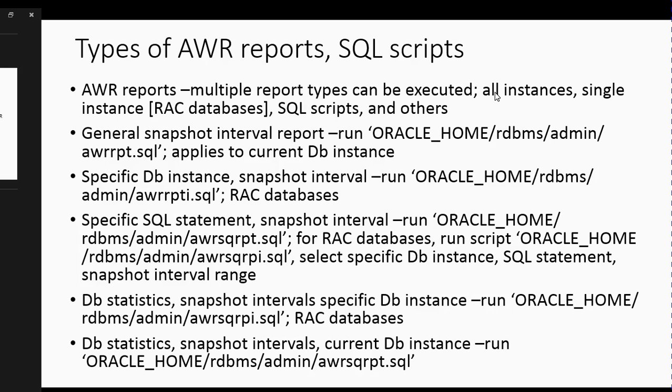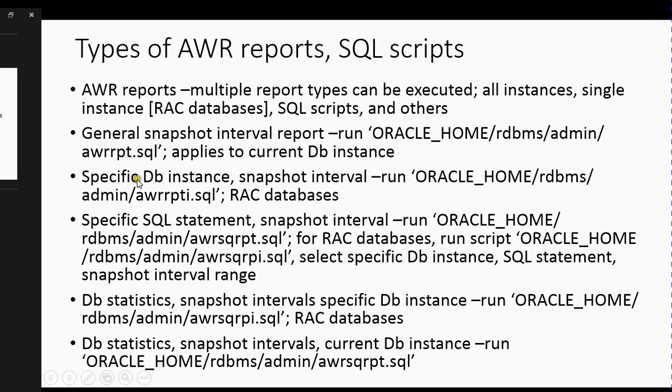If you go into your file system, into Oracle Home, RDBMS admin, and run this script, it's going to create a snapshot AWR report for your current database instance. That's AWR RPT for the current database.